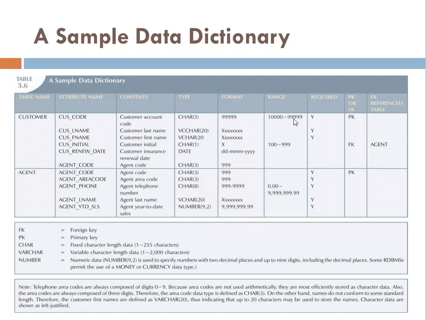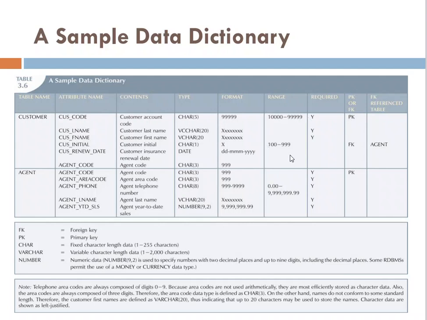10000 up to 999999. And then we have to state whether this attribute is required or not. If it is a required field, compulsory to be filled in, you have to put Y, and if it is PK, put PK.